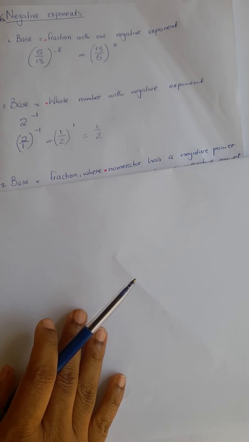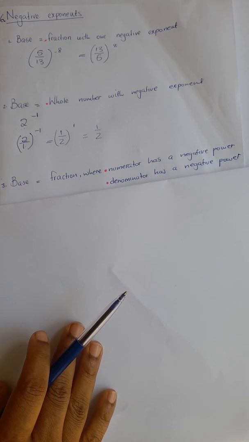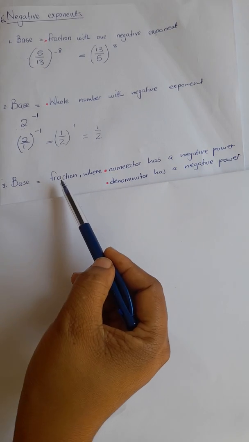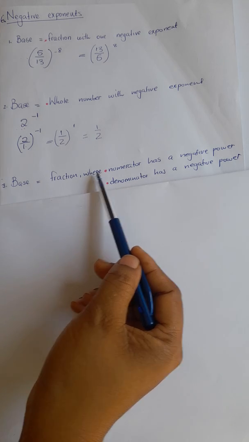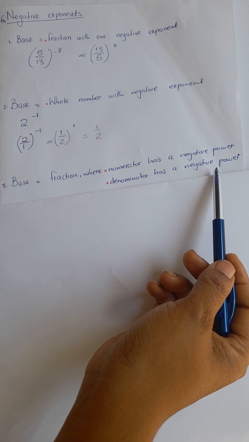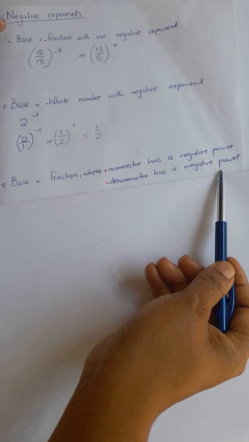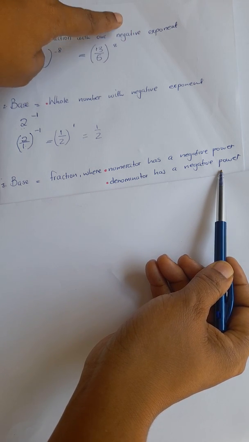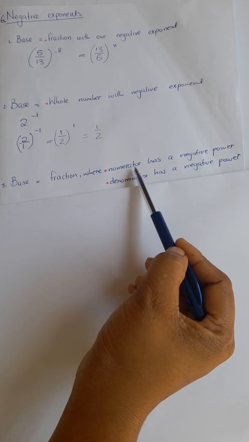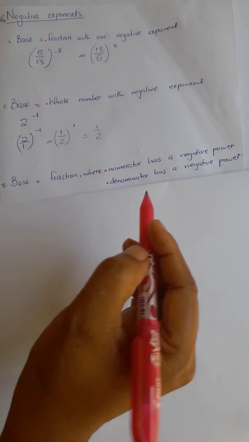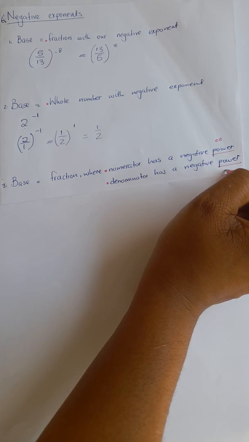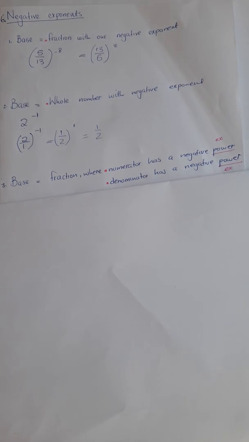Still with negative exponents, we have a case where the base is a fraction, but the numerator has a negative power and the denominator also has a negative power. In case number 1, we only had one negative exponent. Now the numerator has a negative exponent and the denominator has a negative exponent.